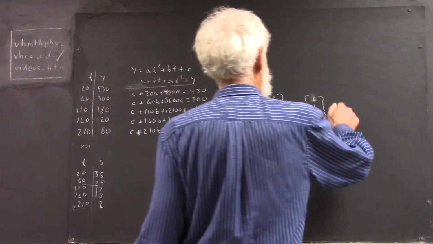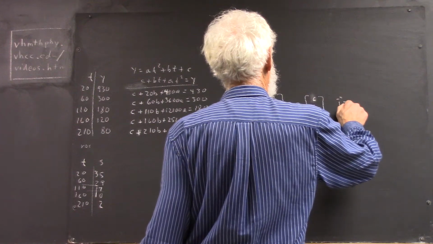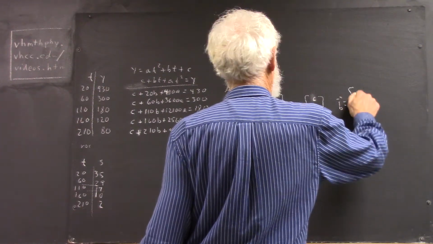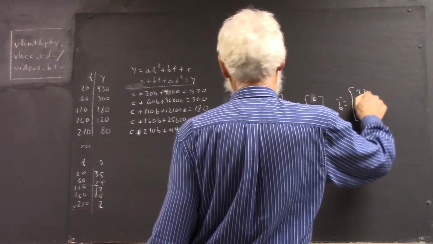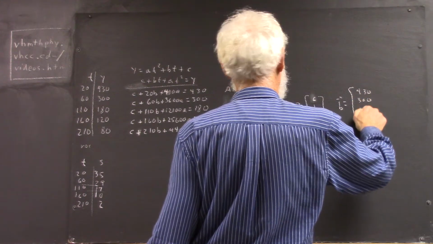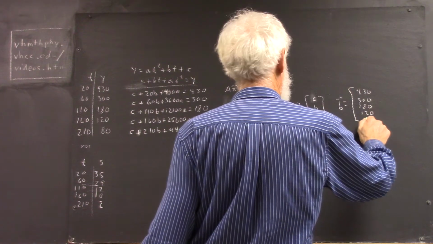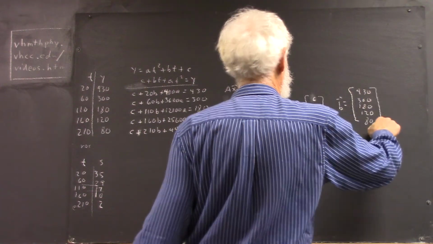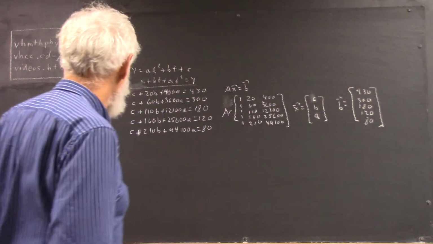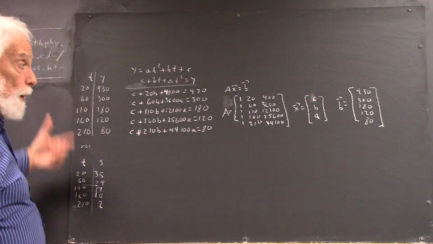And then B would be your 430, 300, 180, 120, 80, representing the depths of the water.